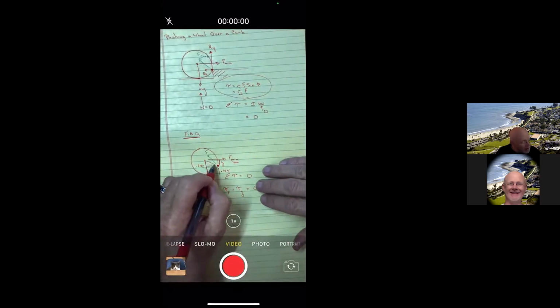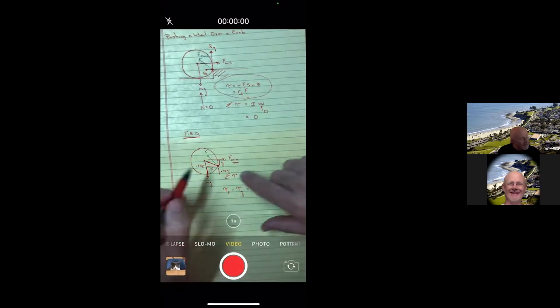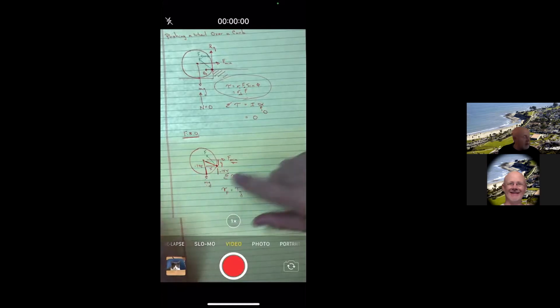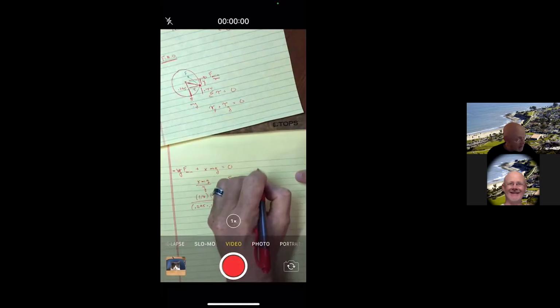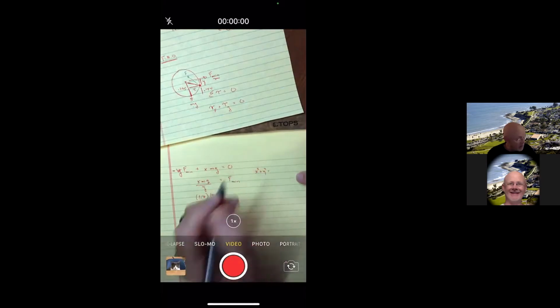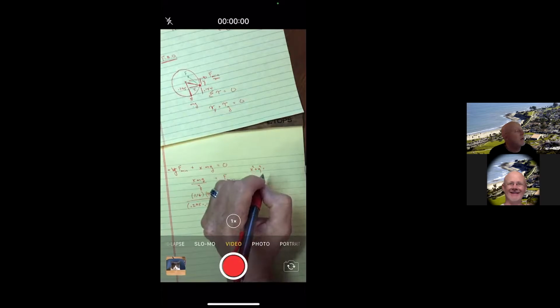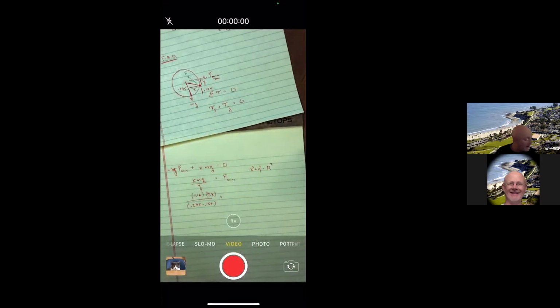If I draw across here, then this x squared plus y squared would be r squared. So maybe I'll just write that on the side here. The x squared plus the y squared is then equal to the radius squared. What symbol should I use? I'll use a capital R.